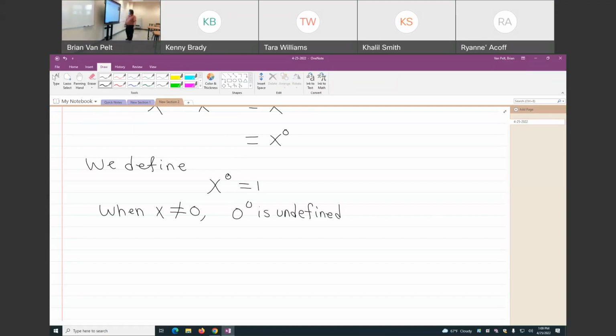So you can try this on your calculator. Try doing any number that's not 0 and raising it to the 0 power and see that it gives you a 1. And then try 0 to 0 and see if it doesn't give you an error message.